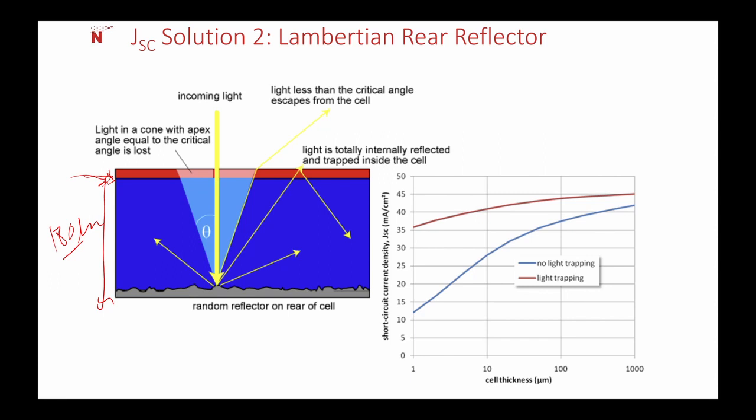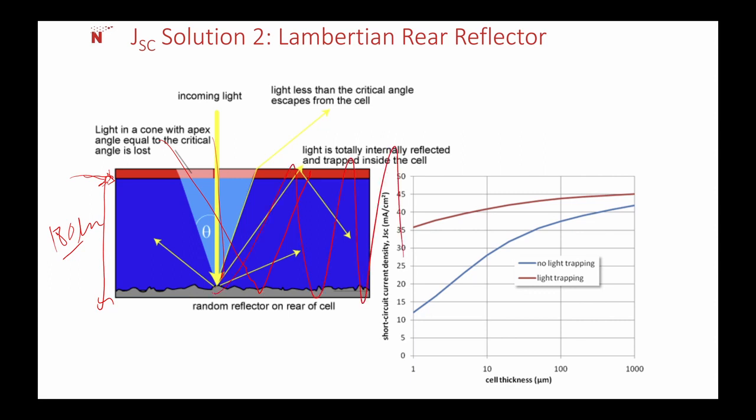What will happen is that the light is reflected back from the bottom surface of the silicon wafer, so it will continuously reflect back and forth.